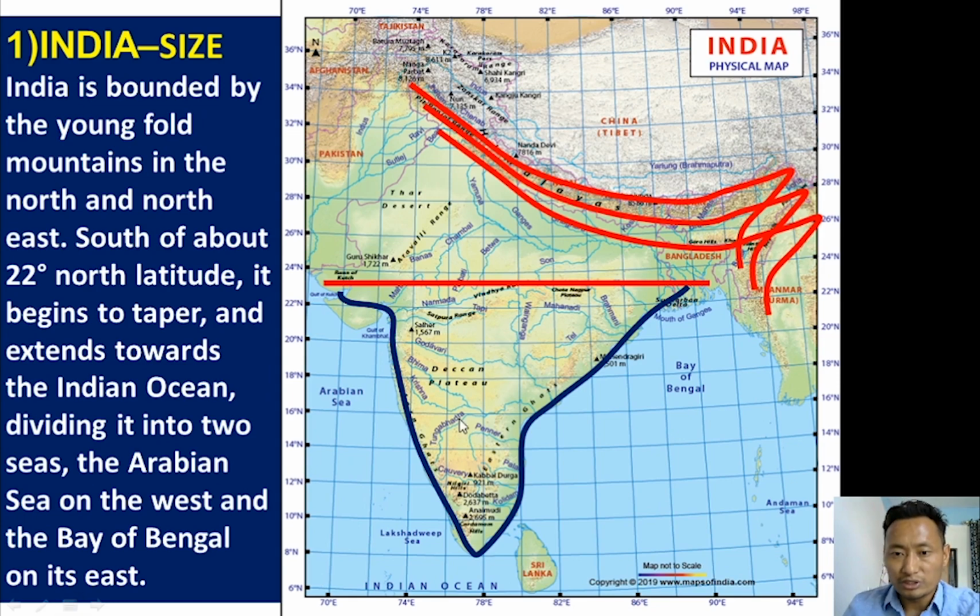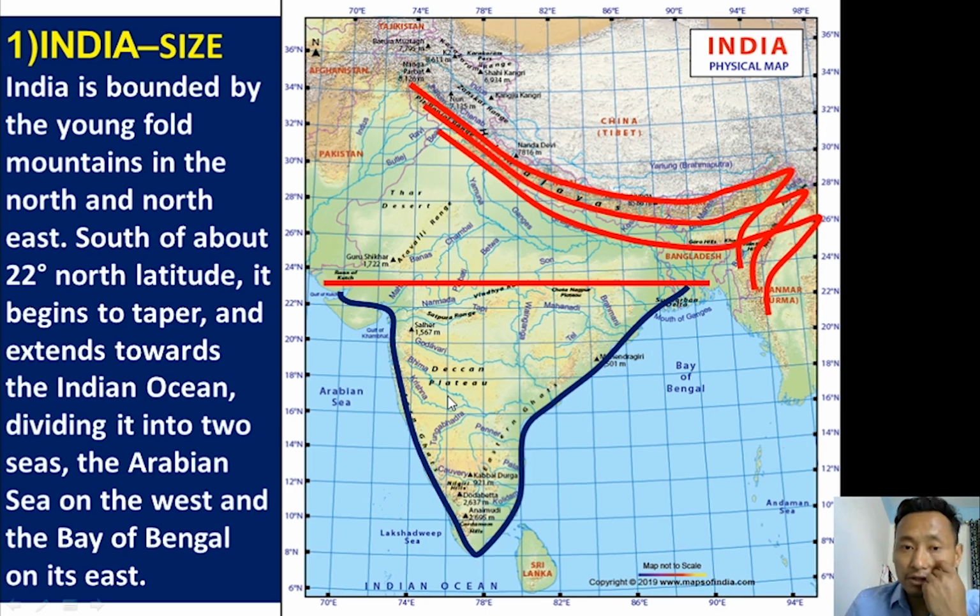Because of this tapering towards the Indian Ocean, the water is divided into two seas, the Bay of Bengal in the east and the Arabian Sea in the west. In geography, this is also called a peninsula. Why peninsula? It means a landmass which is surrounded by water on three sides: one side, two sides, three sides.